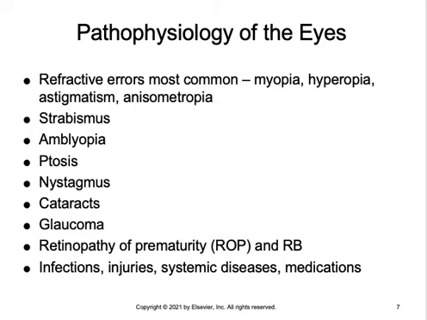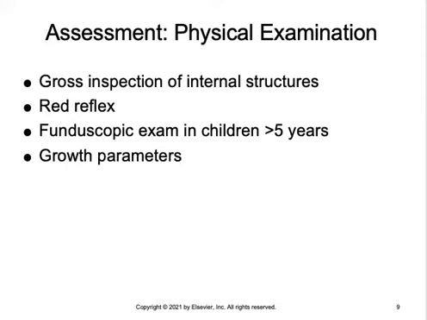Retinopathy of prematurity we see predominantly in low birth weight infants and infants that required excessive oxygen during the early neonatal period, and any of those disorders should be referred and then followed by optometry or ophthalmology as scheduled.